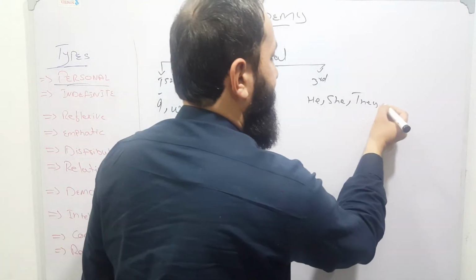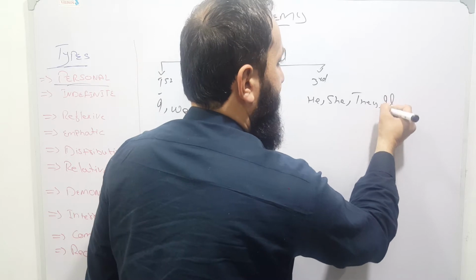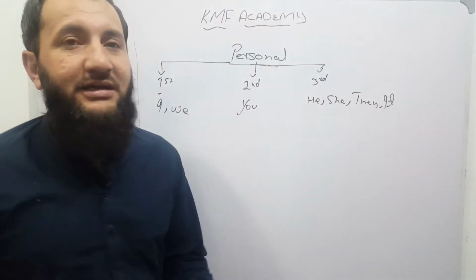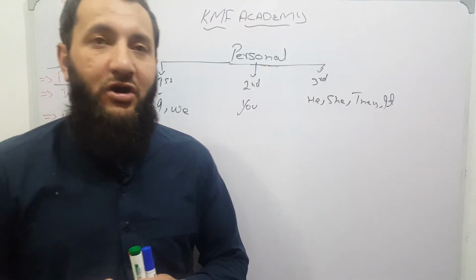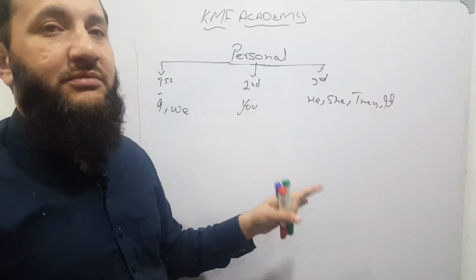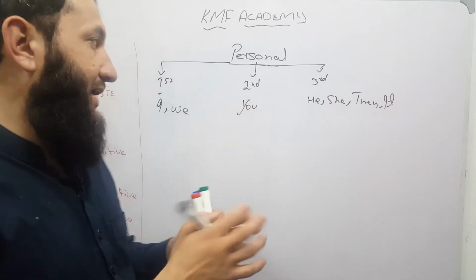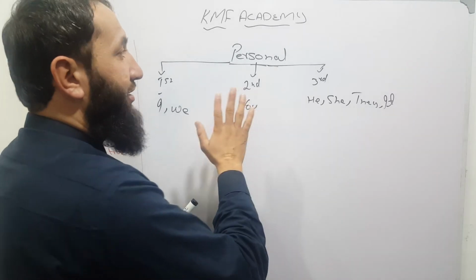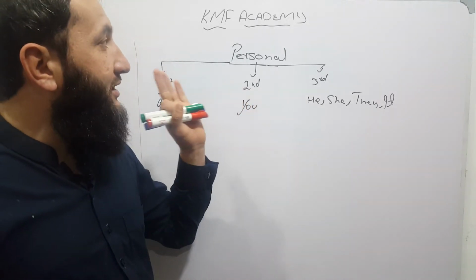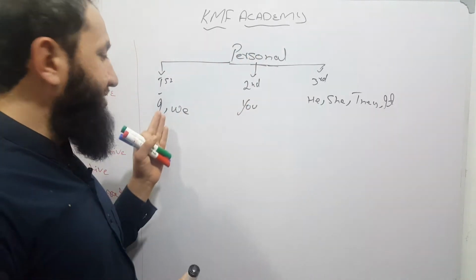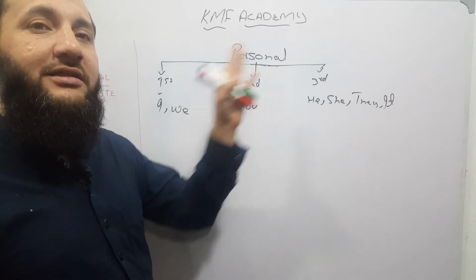Of course, we can use it as an impersonal pronoun. We'll discuss what an impersonal pronoun is in detail in our next classes. So hopefully everyone has got that a personal pronoun is the pronoun that is used for all the three persons.